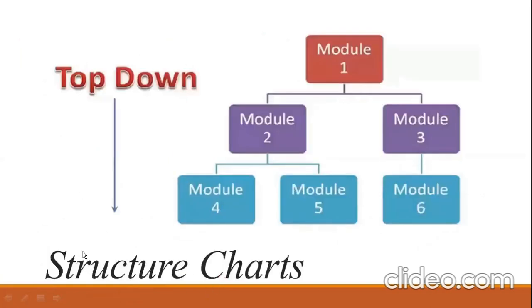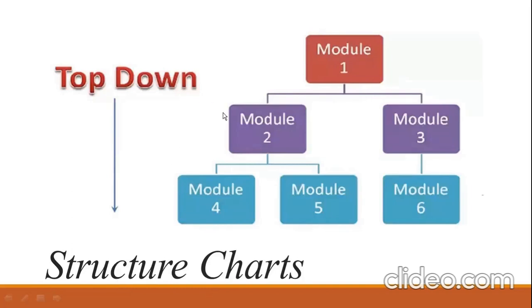And this structure chart is inspired by a concept that we call top to down approach or top to down design. And this is such an important concept that normally it is applied first, even before making the pseudocode or the flowchart. So this is a very important modeling technique in software designing.